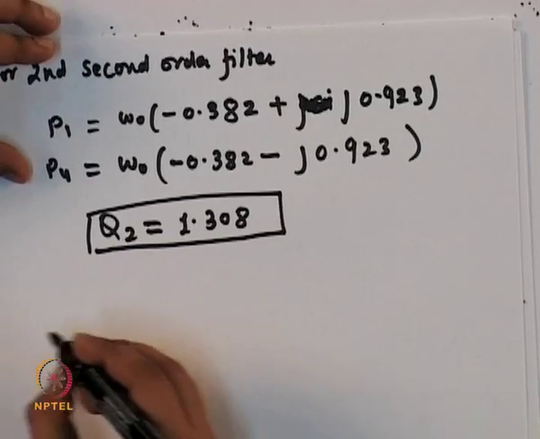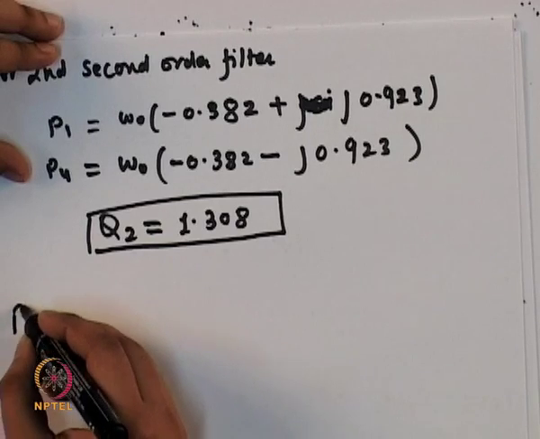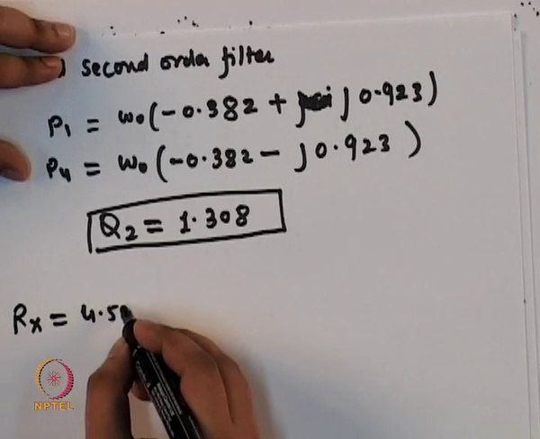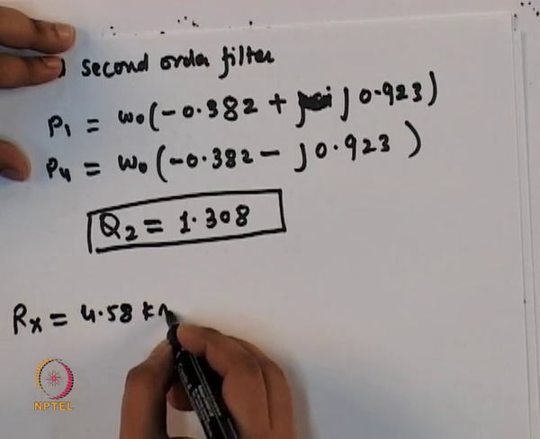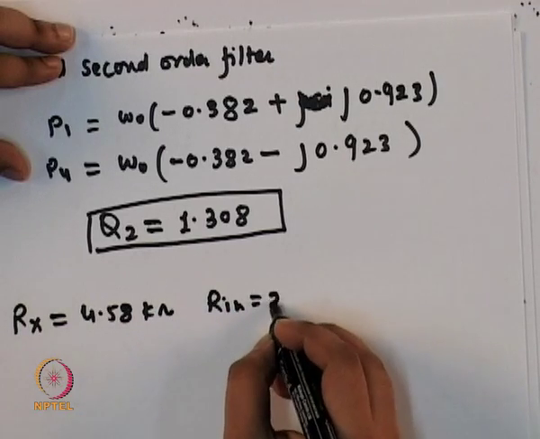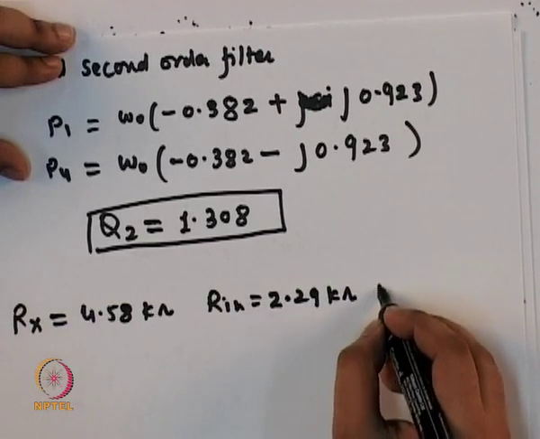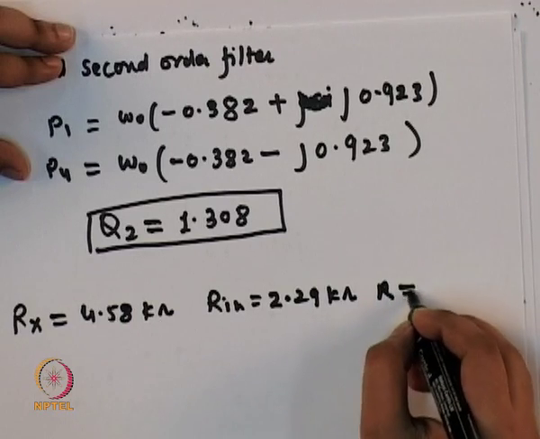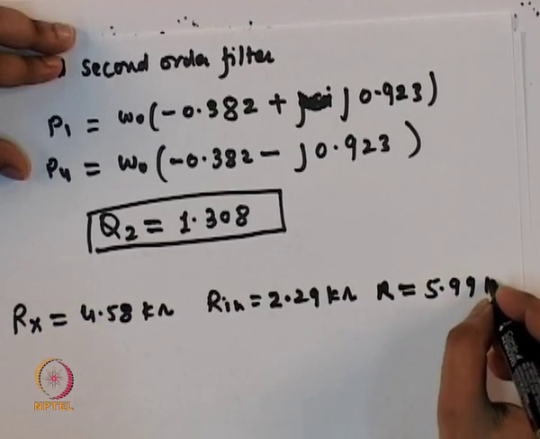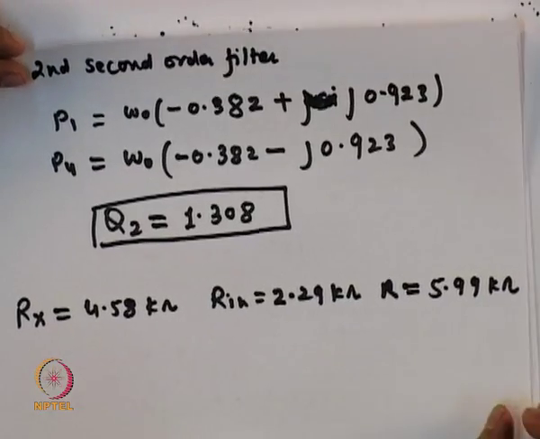So there will be a change in the value of R. Rx would be 4.58 kilo ohms, the same as the earlier value. Rn equal to 2.29 kilo ohms and R equal to 5.99 kilo ohms. So these are the final values.